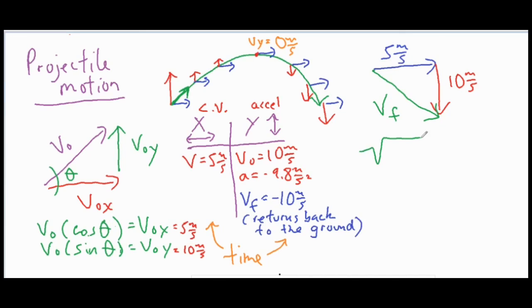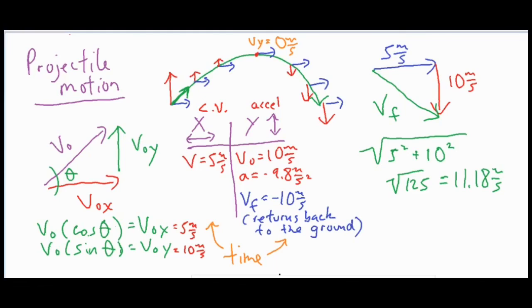So if we used the Pythagorean theorem, a squared plus b squared equals c squared, you would end up square rooting the sum of the squares of each of the sides, and then you would get the square root of 125, which is about 11.18 meters per second.